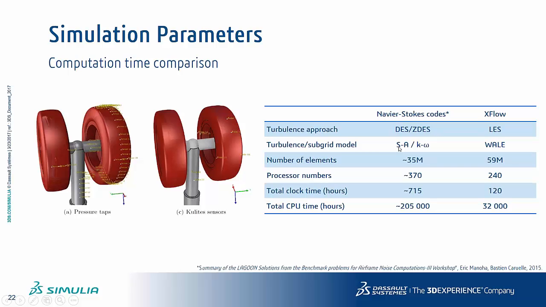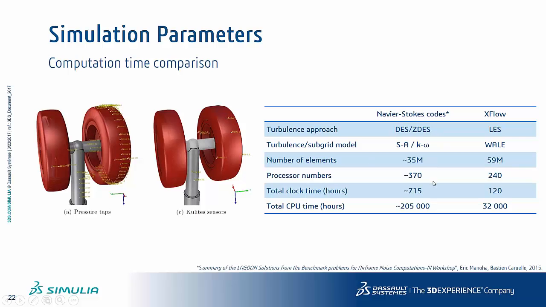And in the other cases, they're mostly using Spalart-Allmaras, or Omega SST for the subgrid models. Simulation sizes are about larger for XFlow, though you can't really compare mesh size in Navier-Stokes directly with XFlow. Those were about 30, 40, 50 million elements, so we are speaking about large mesh sizes.